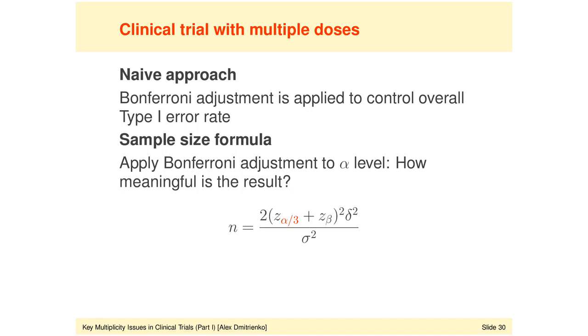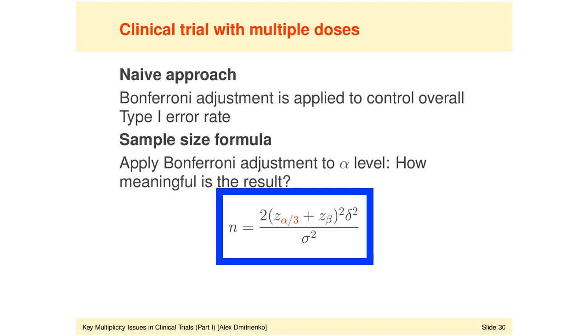As you can see on the slide, the thought process behind this extension is that with 3 dose-placebo comparisons in example 4, we can try to apply, for example, the Bonferroni adjustment to control the overall type 1 error rate. What we can do here is take the standard sample size formula that we introduced on slide 5.